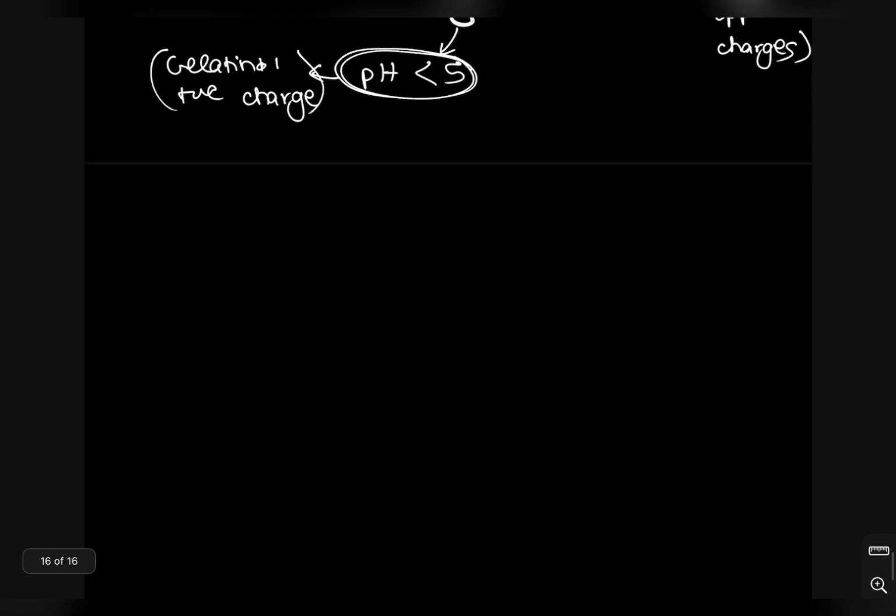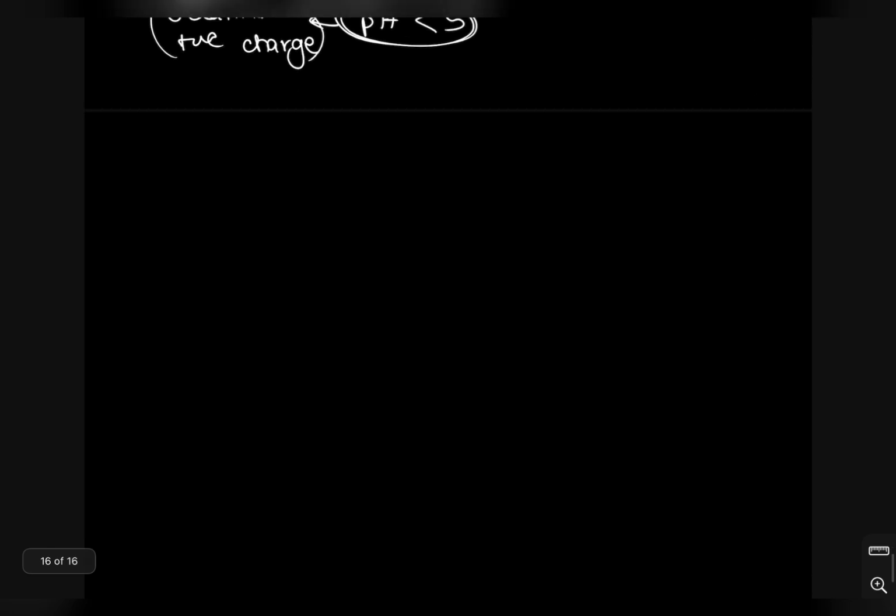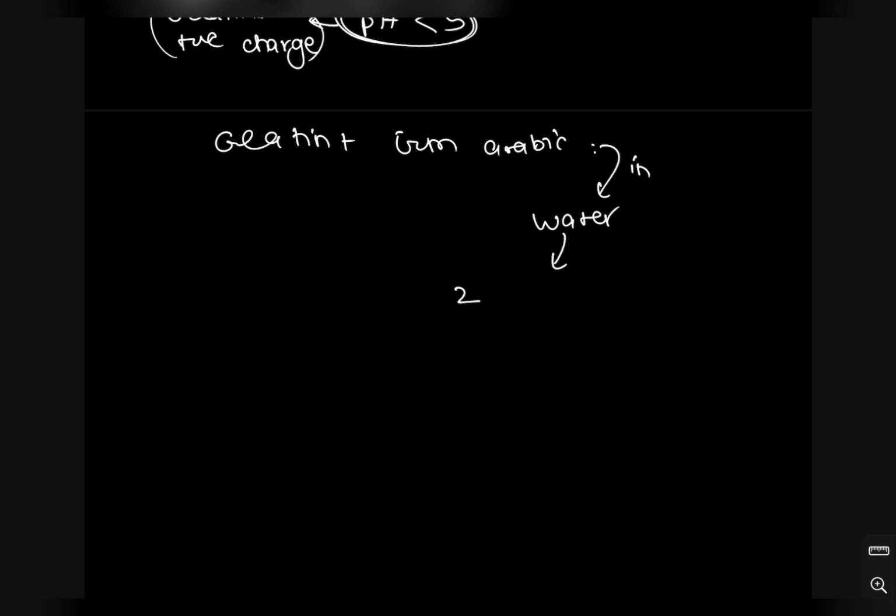So what we do is we make a mixture of gelatin plus gum arabic. These two go into water, 2% each. Okay, that is the solution that we will be making.